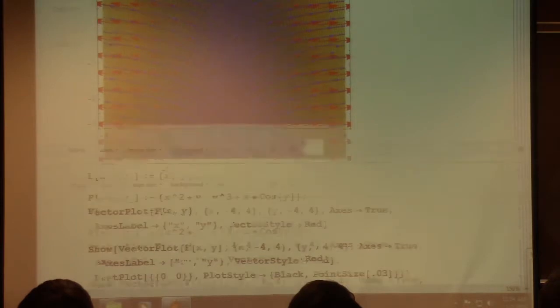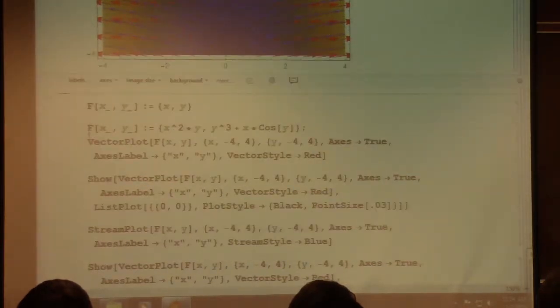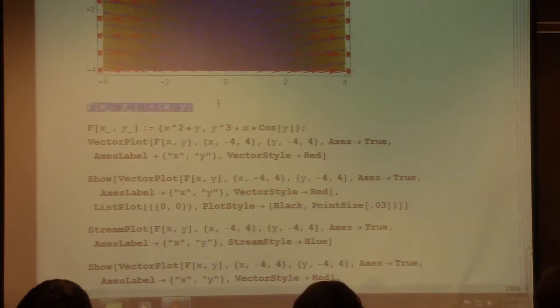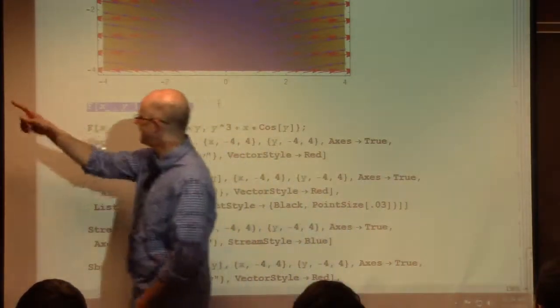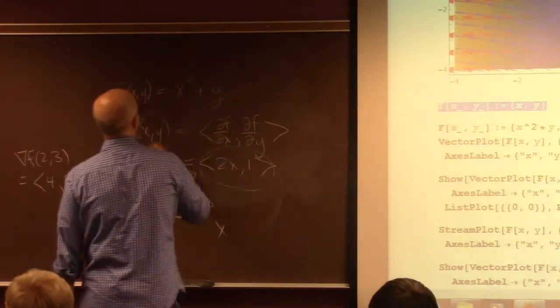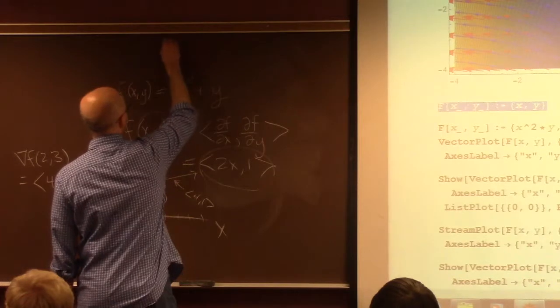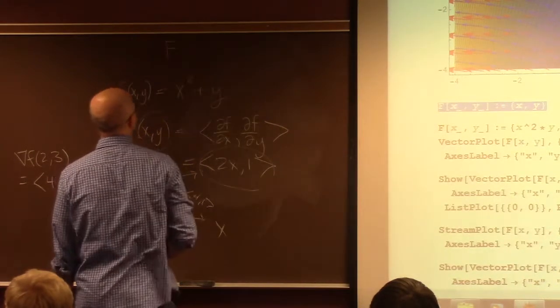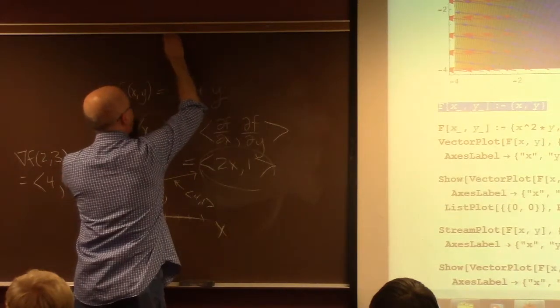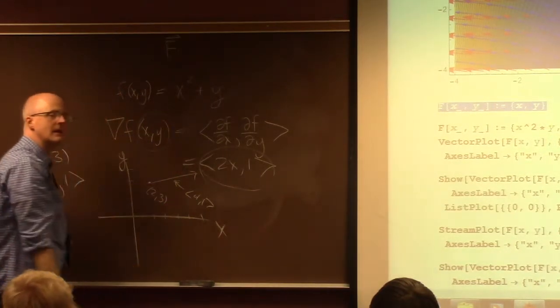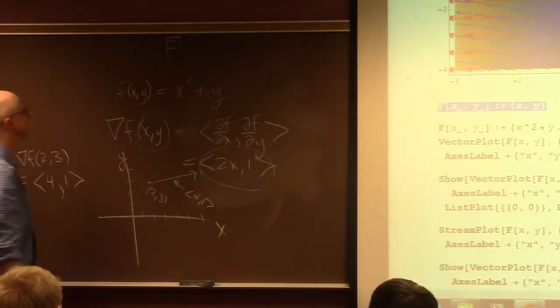There are lots of other vector fields you can make. This one's pretty simple. F of x, y equals x, y. I'm not writing a little f here. I'm not saying this is the gradient of some function yet. And in the absence of a little f, it's traditional to call this capital F, and when you write it by hand, put a little vector symbol above it, in the book it's made bold-faced.